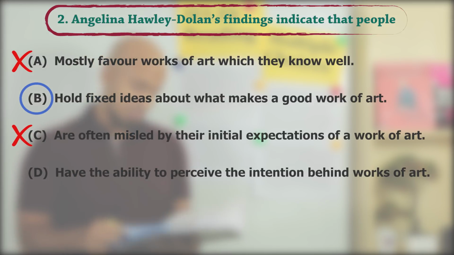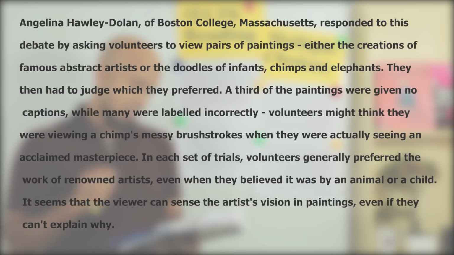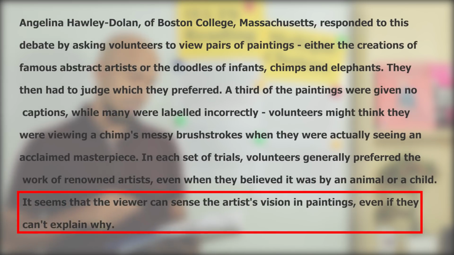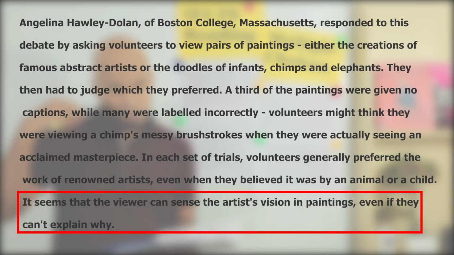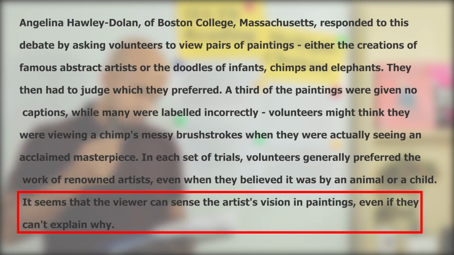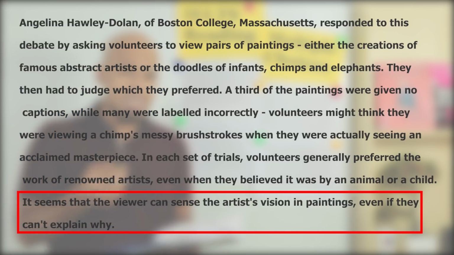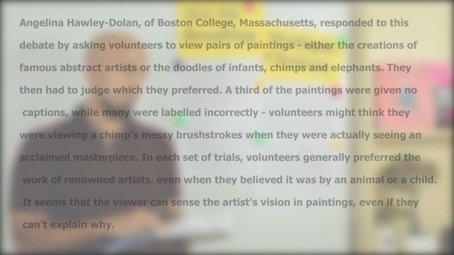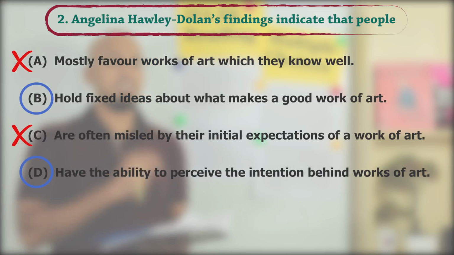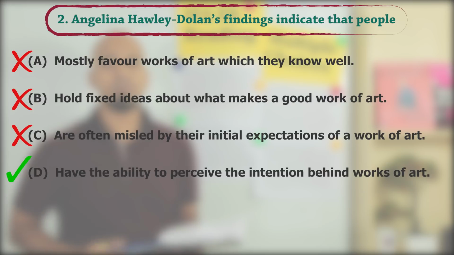If I read the last sentence, it says the viewer can sense, can understand, can perceive the artist's vision in paintings. I think out of B and D, D is the correct answer.